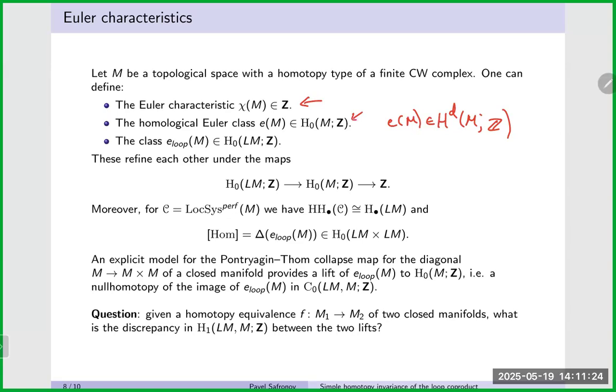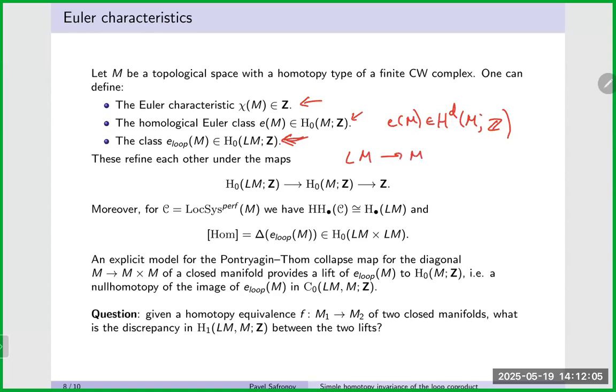So these are fairly classical objects. Now, if you look at the theory of traces and dimensions in category theory, what you encounter is not the homological Euler class, but a version of this class on the loop space. So it turns out that most naturally in string topology and things like that, you get an even fancier version of the Euler class, which is a class that lives in the zeroth homology of loop space. The loop space projects onto the manifold.